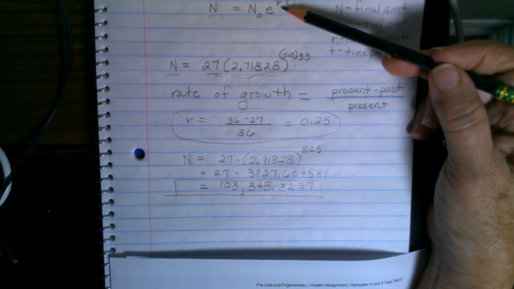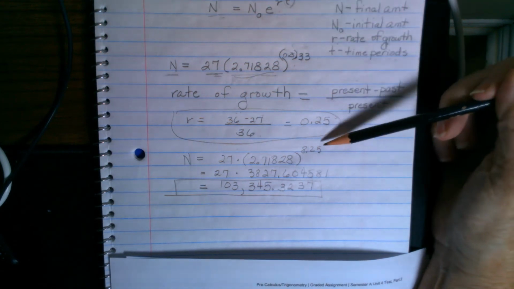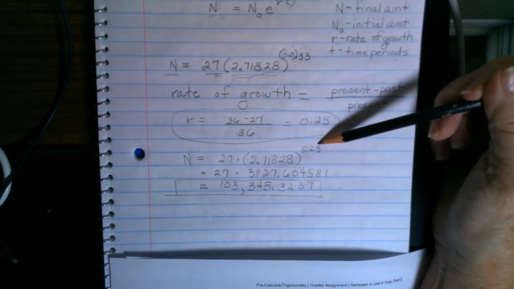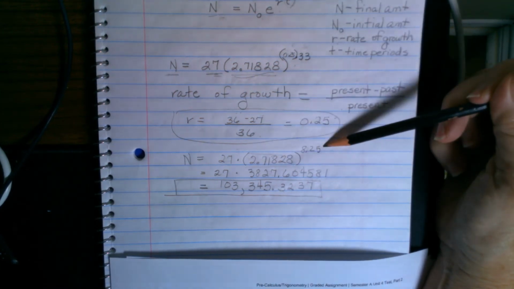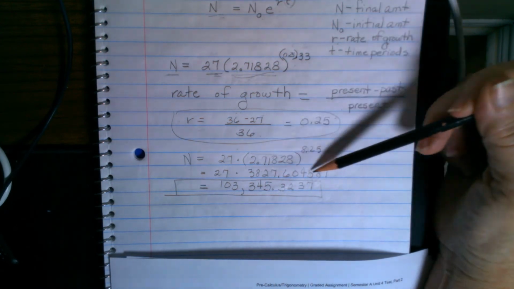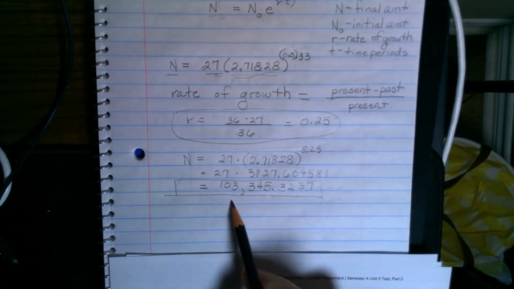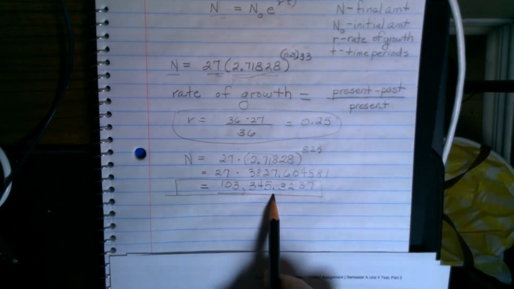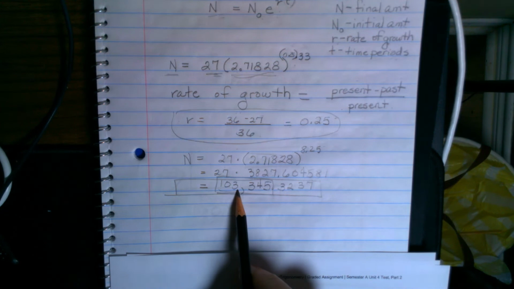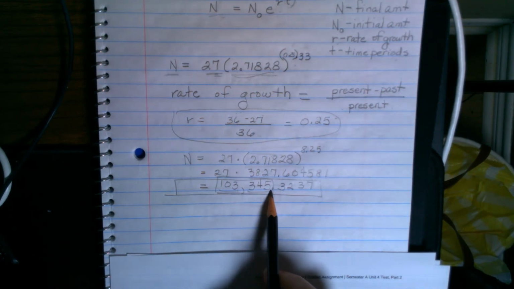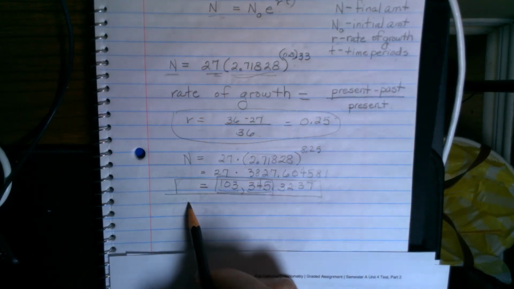We calculated the rate, multiplied those together for 8.25. So raise E to the 8.25 to get this number here. Multiply that times 27, and the amount of bees, so the whole number is 103,345.